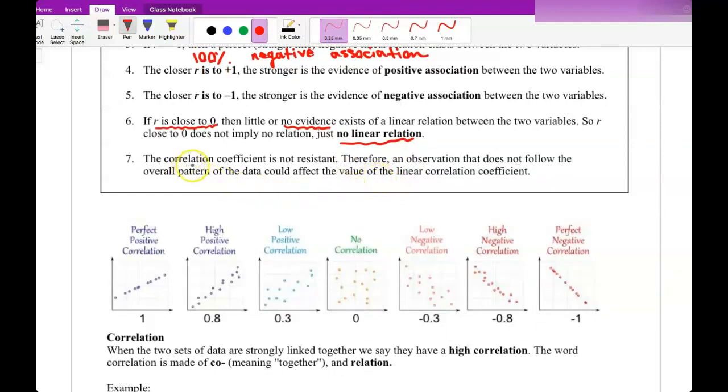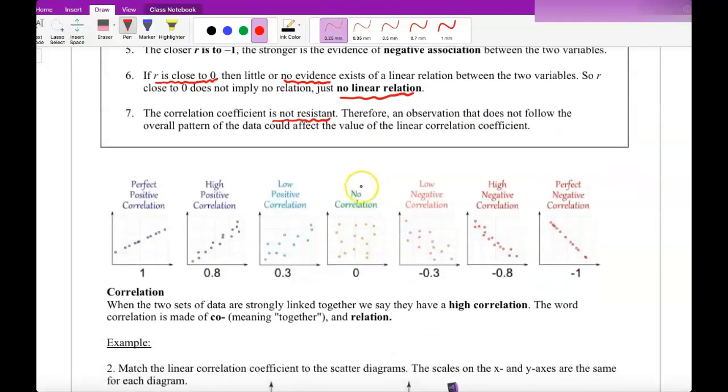And also number 7, the correlation coefficient is not resistant. Therefore, an observation that doesn't follow the overall pattern of the data could affect the value of the linear correlation coefficient. This is what it means when it's non-resistant.